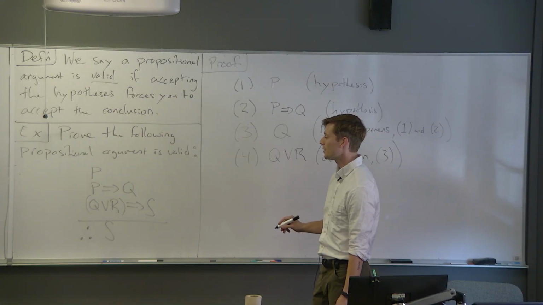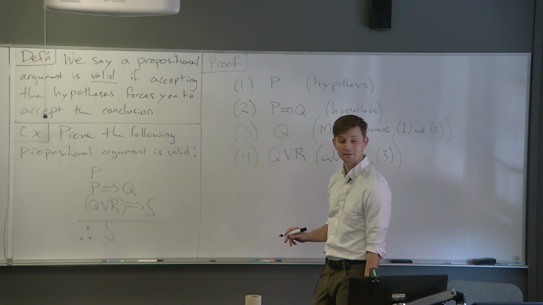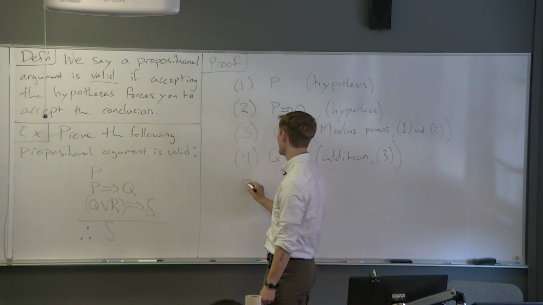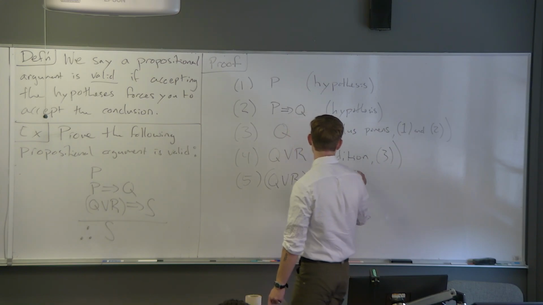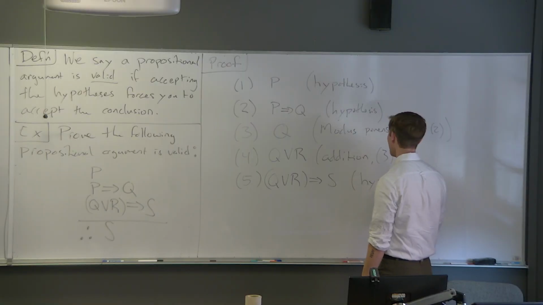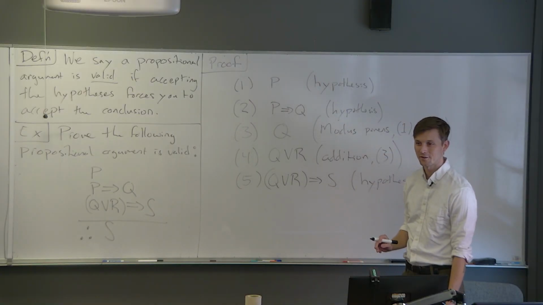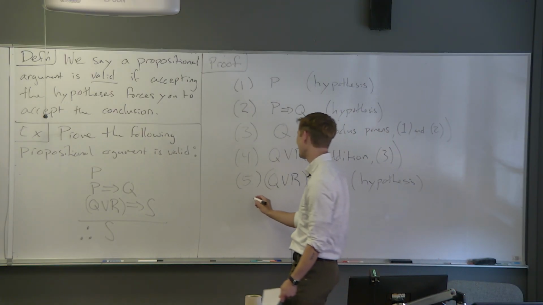What I want to do next is appeal to my final hypothesis. So I will say, hey, wouldn't you know it, Q or R does indeed imply S. This is by hypothesis. Now, does anyone see how to finish it off? Maybe some modus ponens. Yeah.